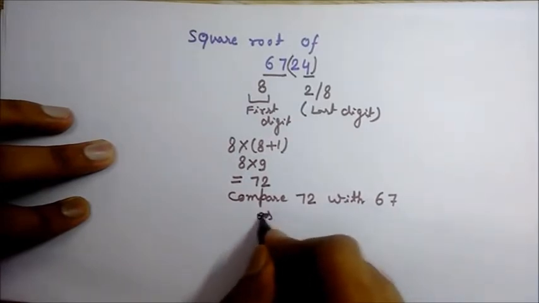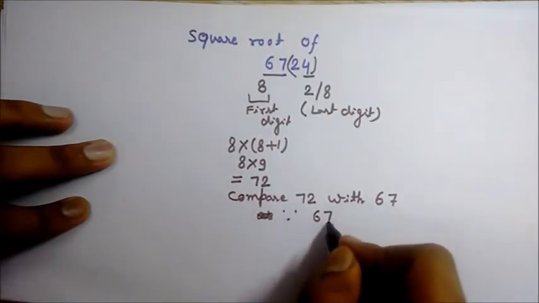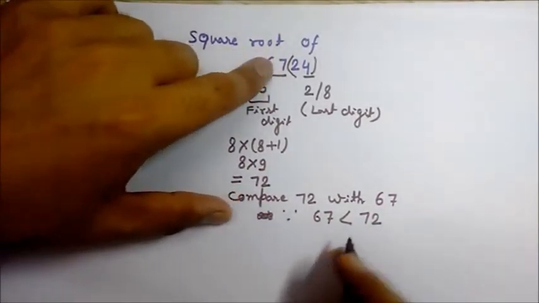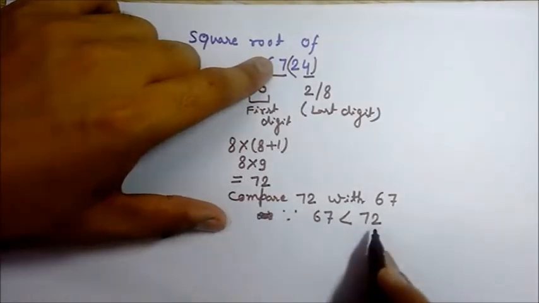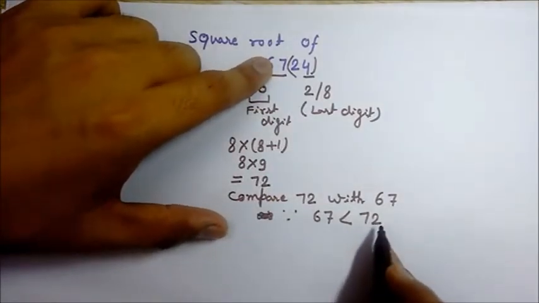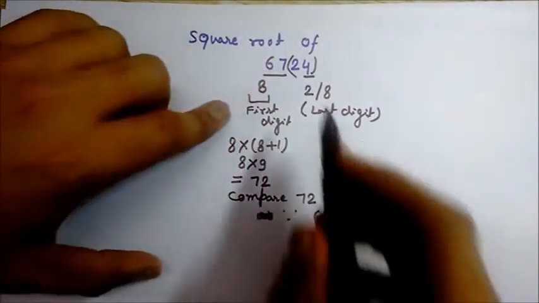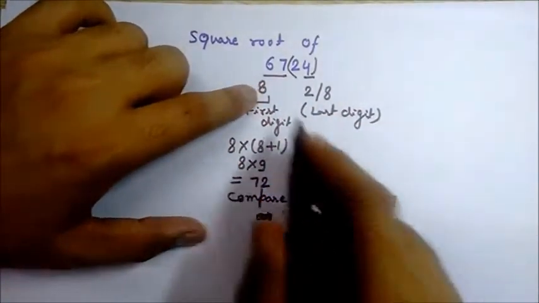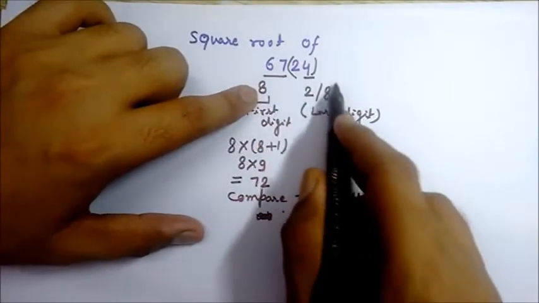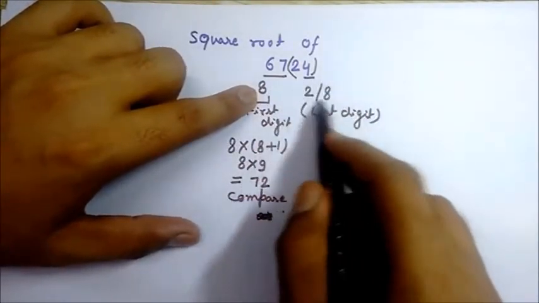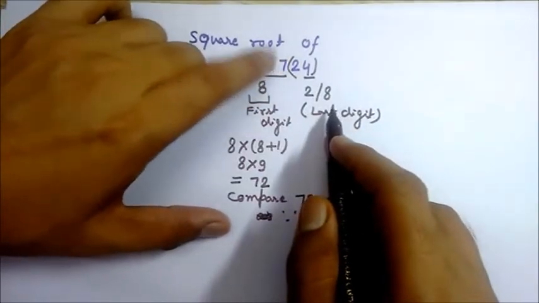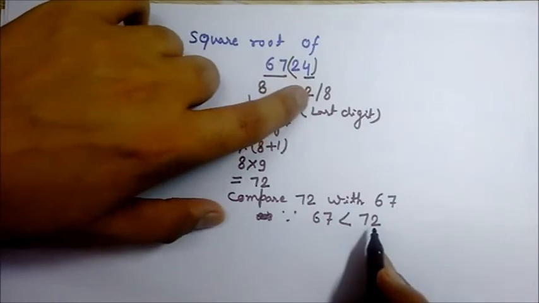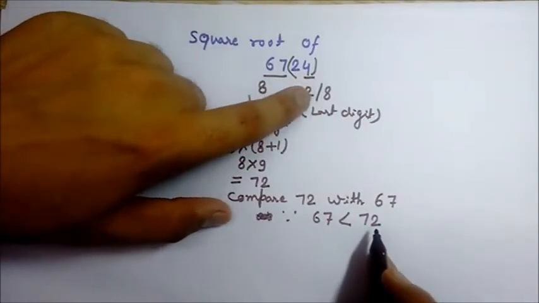Since 67 is less than 72, we take the smaller number out of these two. This comparison decides which number will come as the last digit, either 2 or 8. Since 67 is smaller than 72, we take 2 in this case.